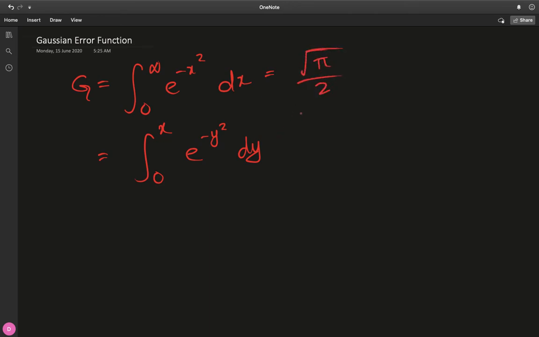I made a bunch of videos on this. So say if we have something like this and you multiply by the reciprocal of this, so you multiply by 2 divided by square root of pi. This is what mathematicians called the error function, the Gaussian error function.